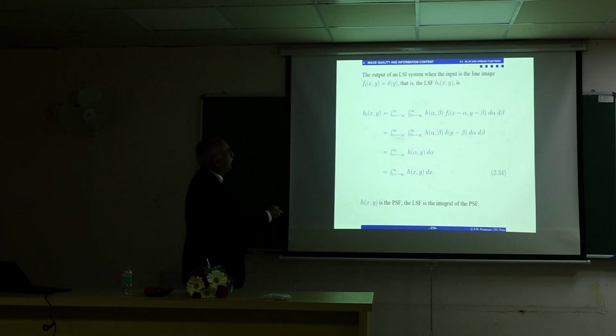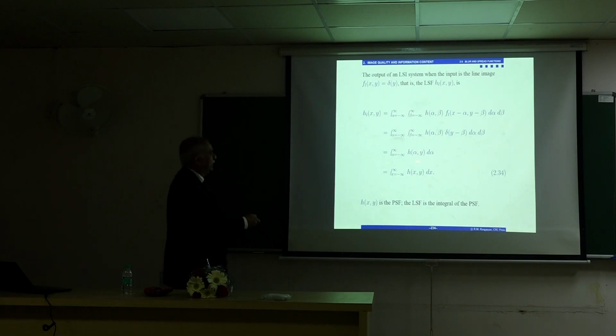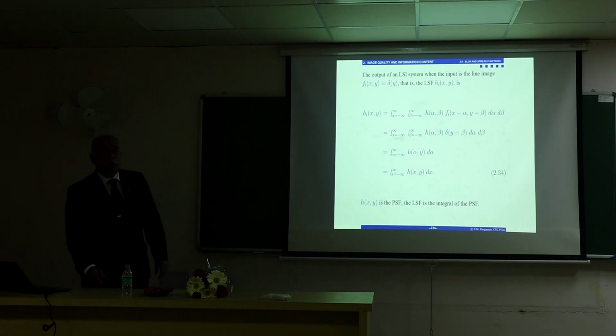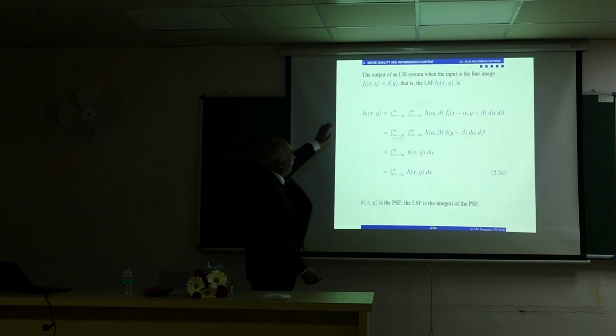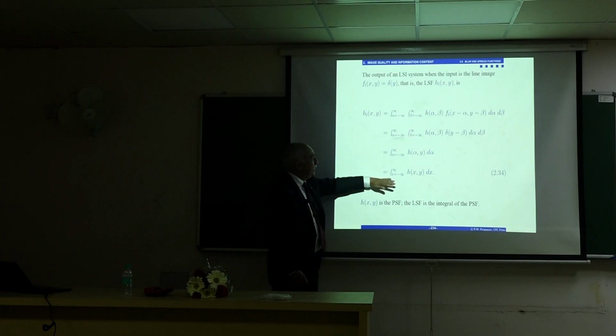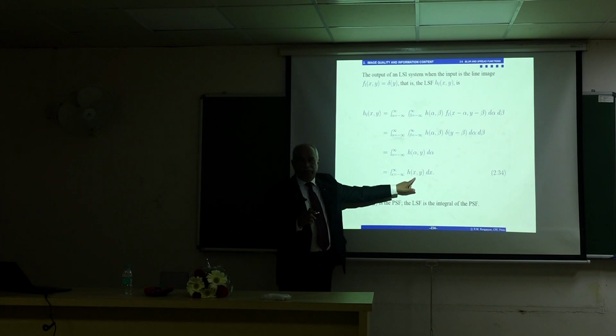That turns out to be h(alpha, beta) times delta(y minus beta). And that turns out to be the integral of h(alpha, y), and that is the integral along the x-axis of h(x,y). So when you get the line spread function, it is an integral along one axis of the two-dimensional point spread function. So this is a projection, like in computed tomography.